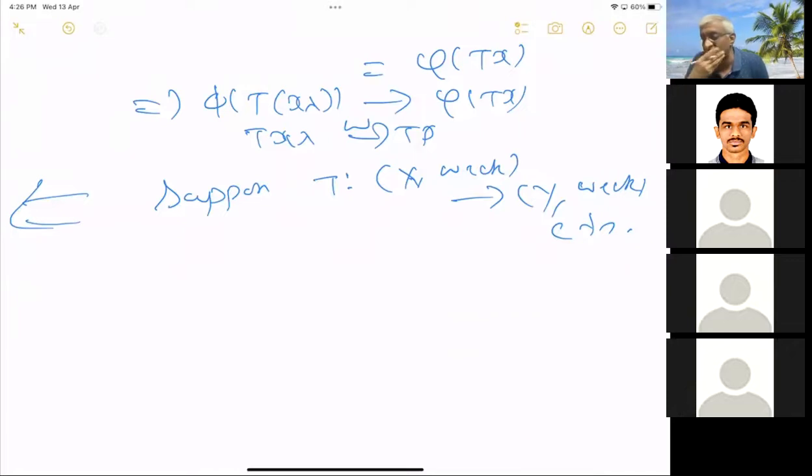We have to produce an open set. What you have to prove, why is this true? If Tx_something converges to something, what does it mean?